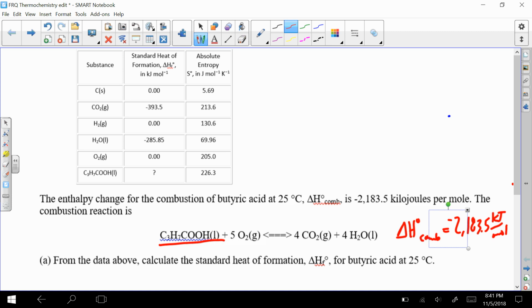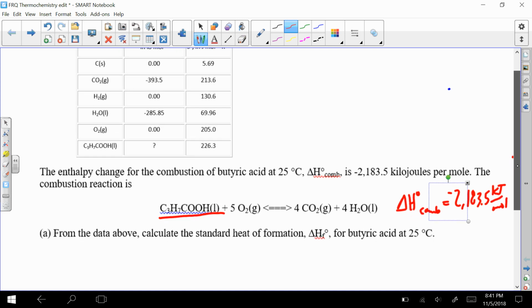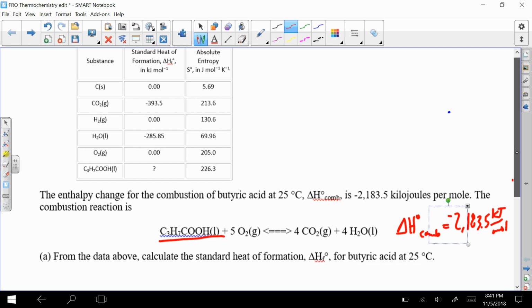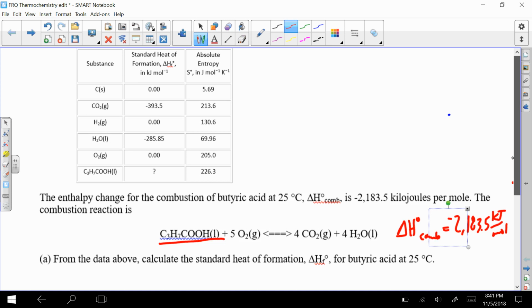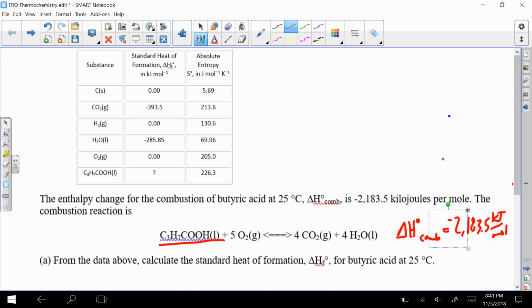This comes from a form of Hess's law, and this equation that we can use, you can even find it on your formula sheet. So if you have any reaction whatsoever, if you add up the heats of formation of the products and the reactants, then you can find the delta H, the enthalpy of that reaction.